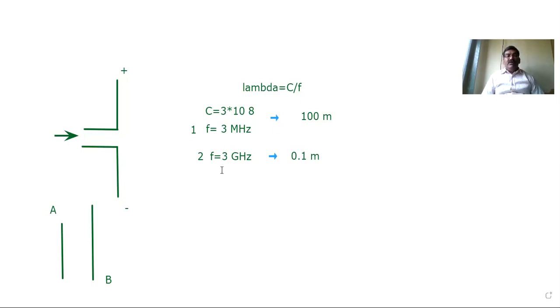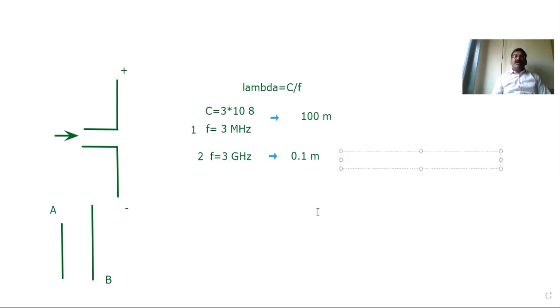And if your frequency is 3 gigahertz, then lambda is 0.1 meter, and 0.1 by 4 is 0.025 meter. Means how much is it? 25 centimeter. So here 25 meter and here 25 centimeter. This is the difference due to the frequency.